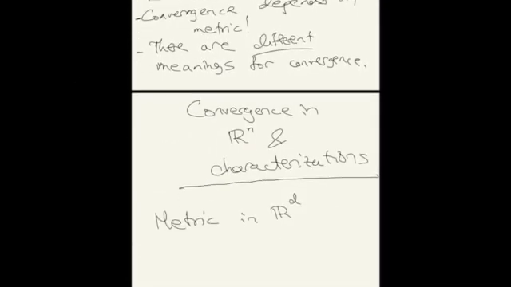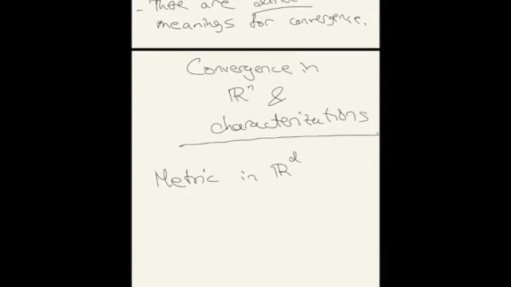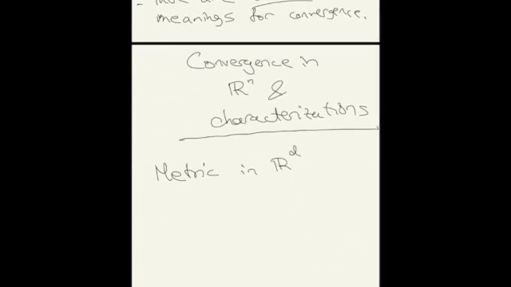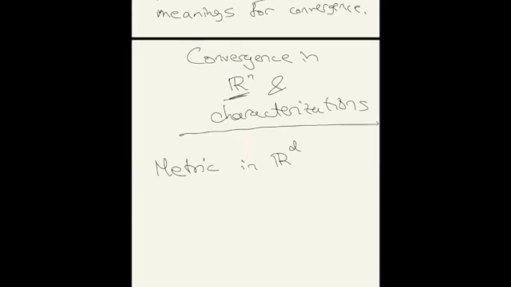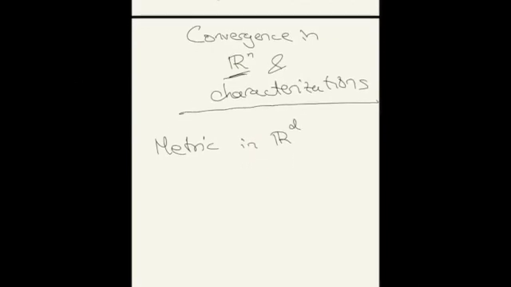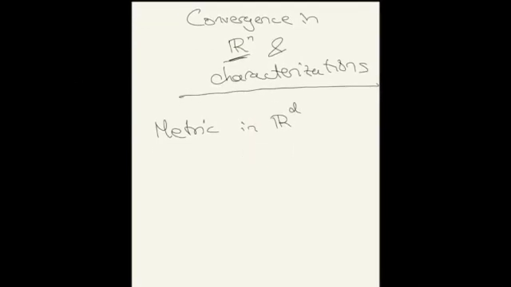So indeed, good news is that in finite dimensions, we can be a lot sloppier. There, we don't have to worry as much about convergence, and that's the good news about this theorem. So on R^d, we can still define many different metrics.